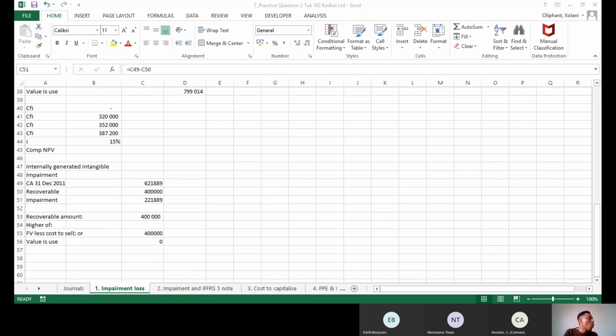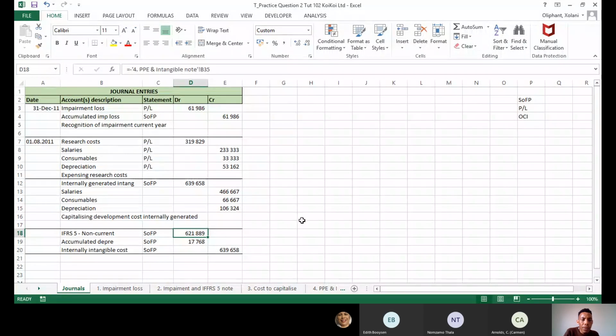Okay, now I just want to check quickly the journal entry that would have been done. So let's just do the journal entry. They have done the impairment, so the impairment journal: the impairment loss, then accumulated impairment loss.